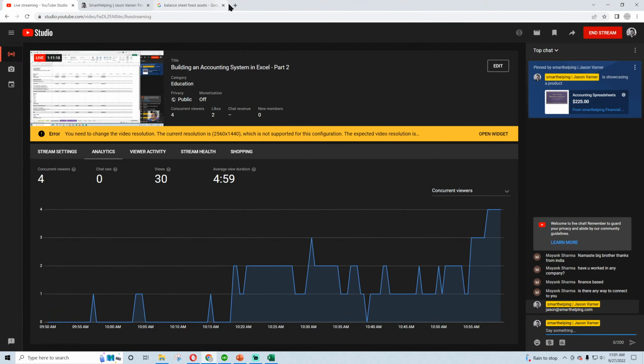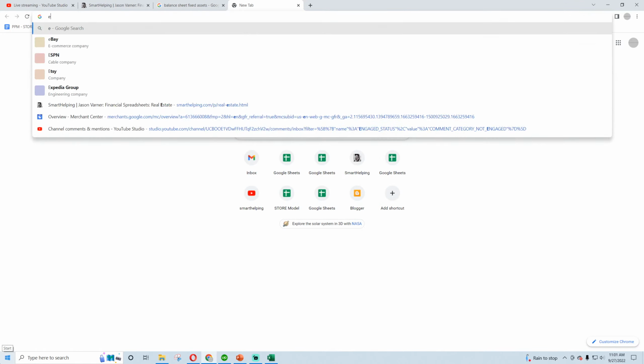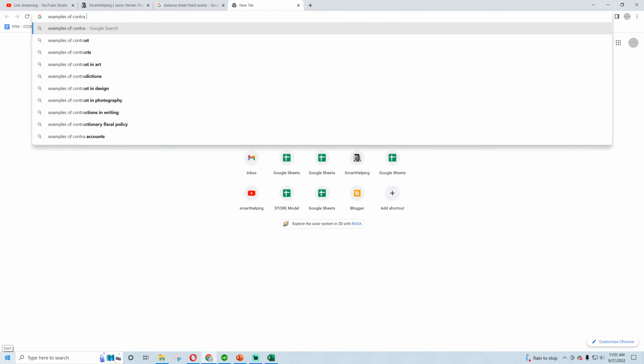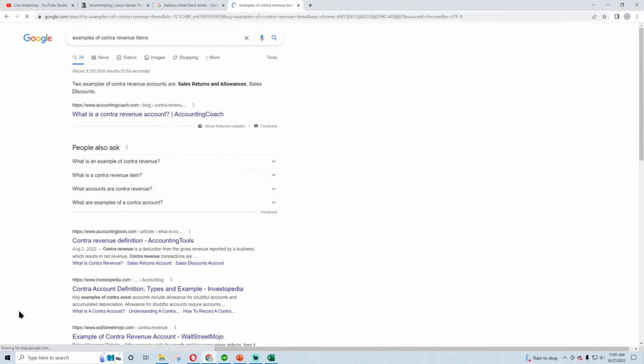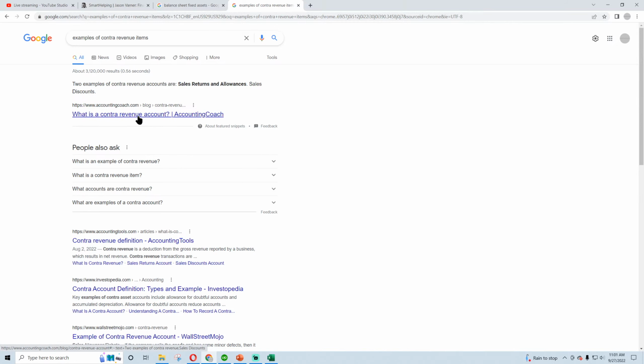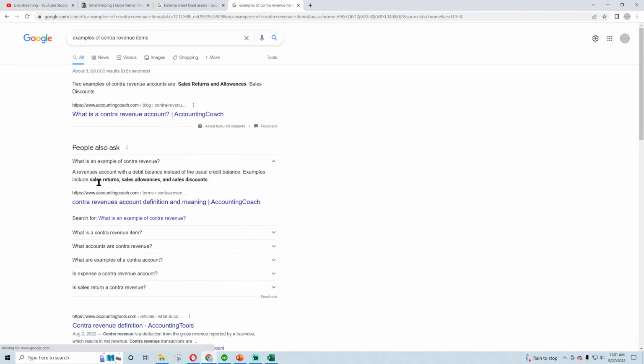What are other examples of contra revenue items? Returns, sales allowances, discounts. Now, if you had discounts in there, I guess you'd have to assume your sale is the full amount.